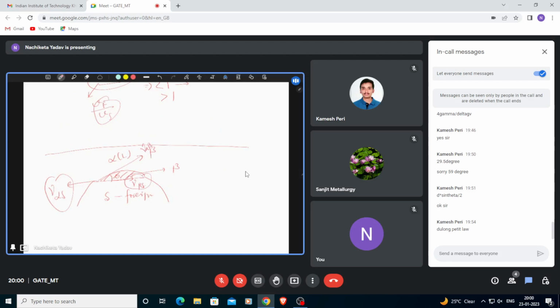What will be the relation of delta G heterogeneous and delta G homogeneous?